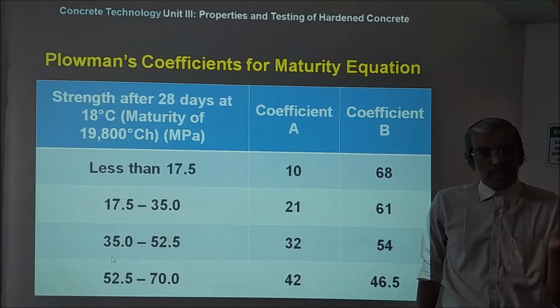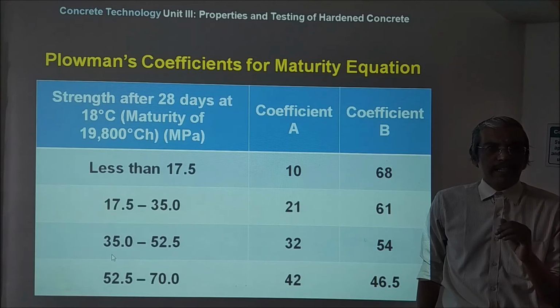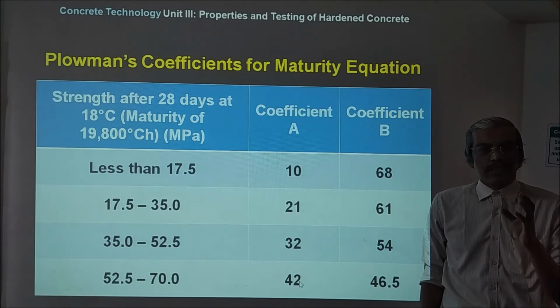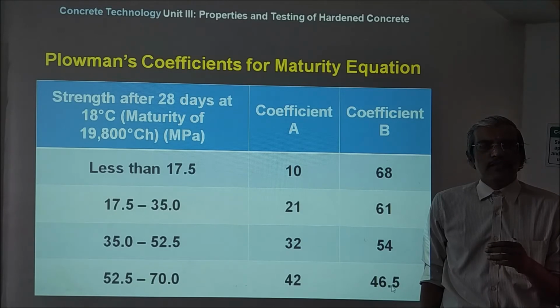And if it is between 52.5 and 70, then A is 42 and B is 46.5.